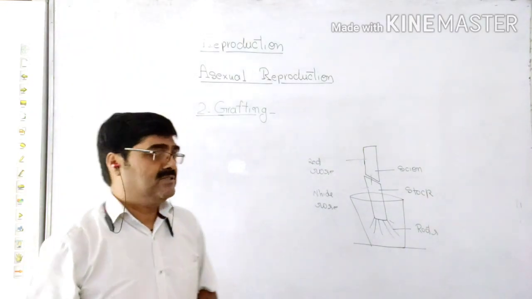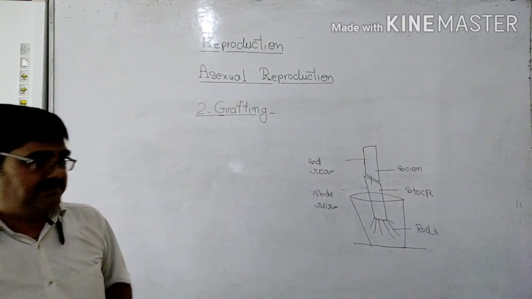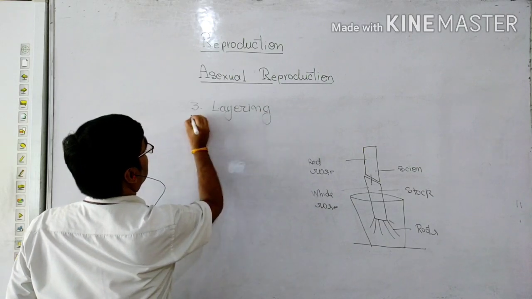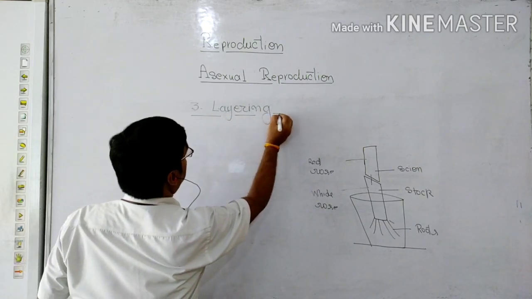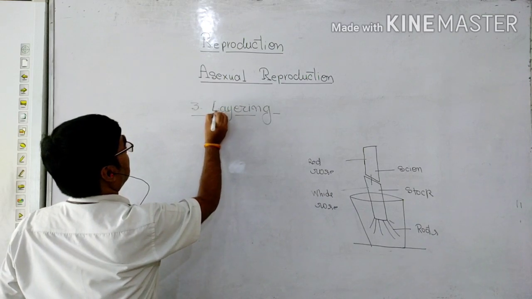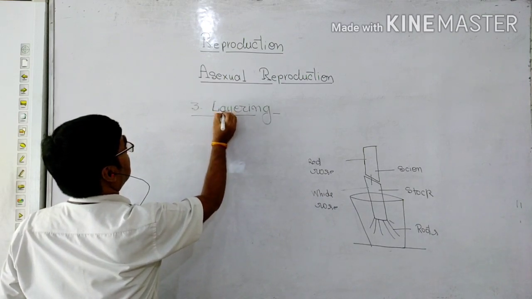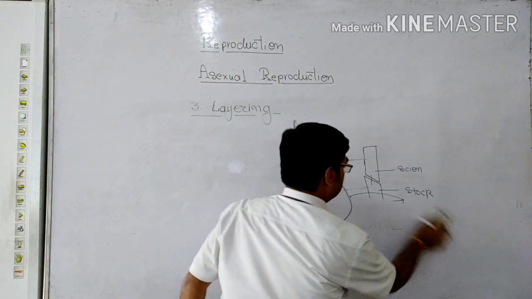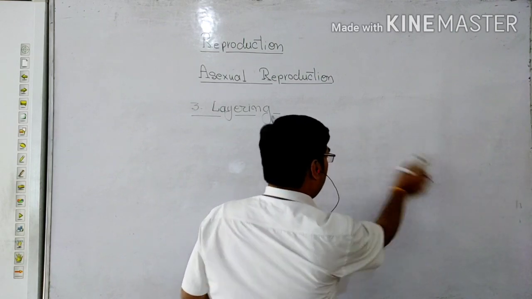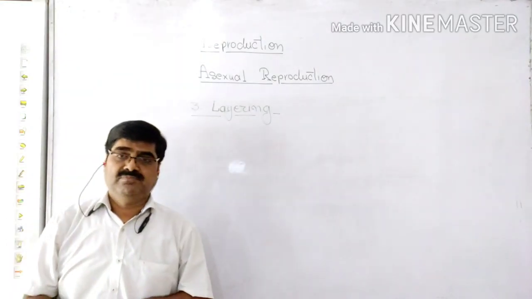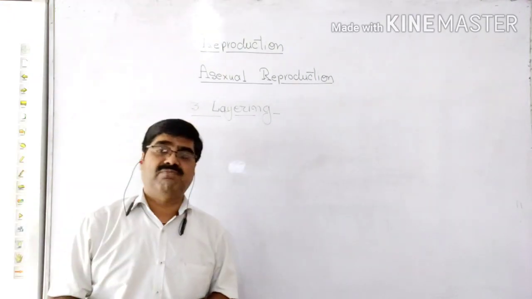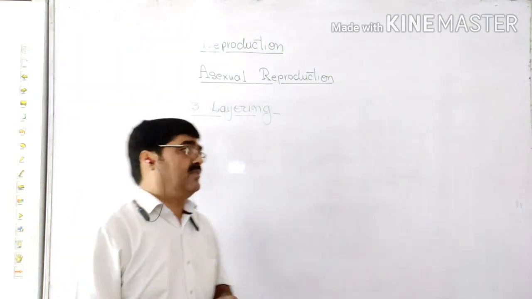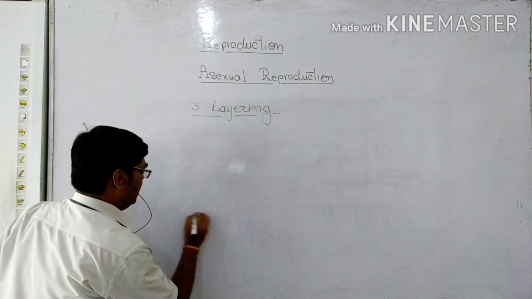Okay? Now, the next method is layering. In this method, we take plants having very soft stems, like strawberry and other plants.